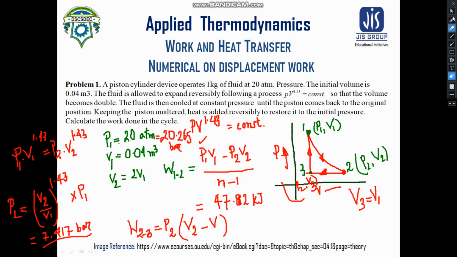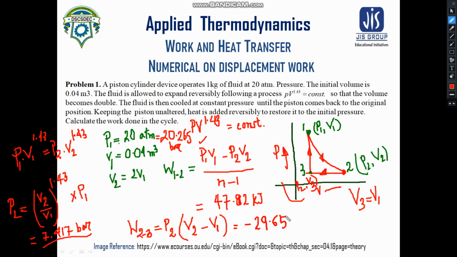So I will just replace this V3 by V1, and ultimately you will find the result to be, now see, it will come in negative. That means what happens here? The surroundings is doing work on the system.